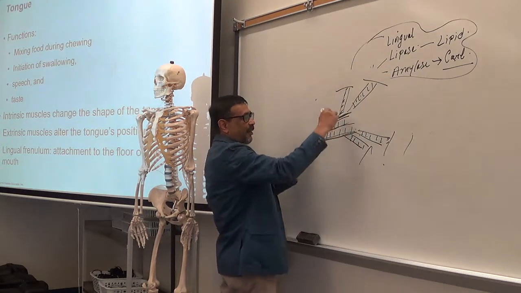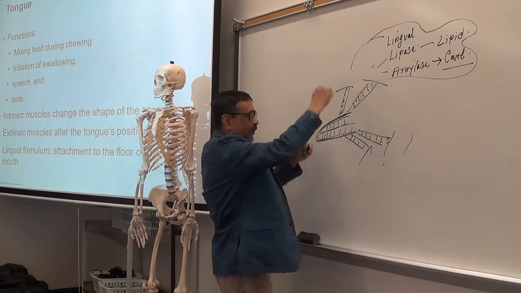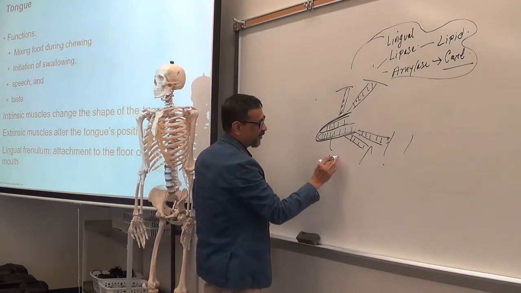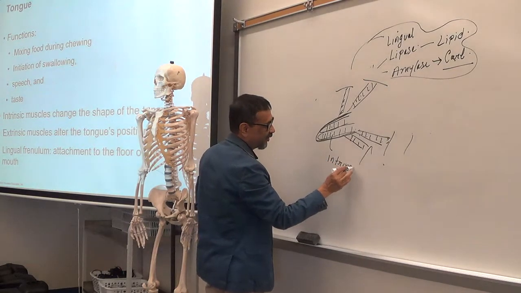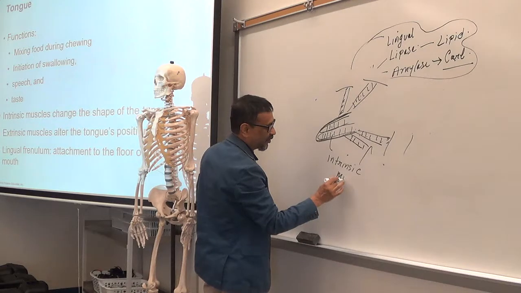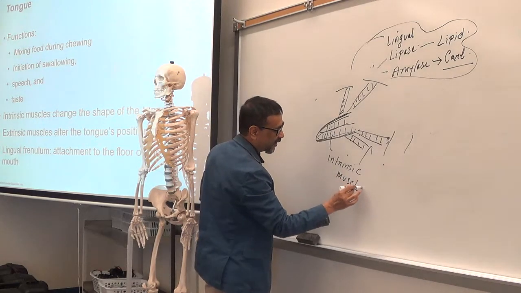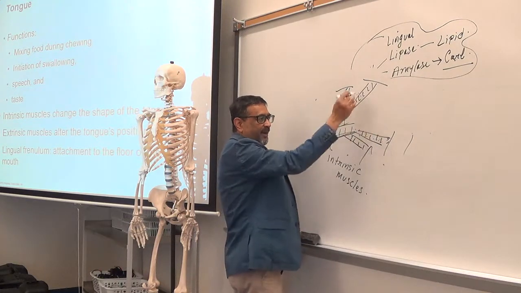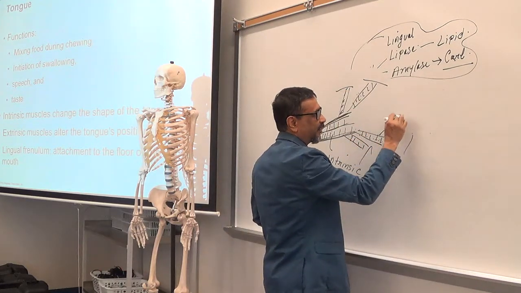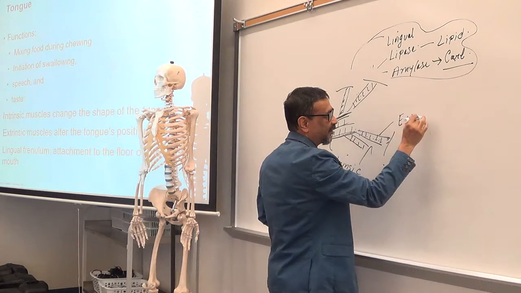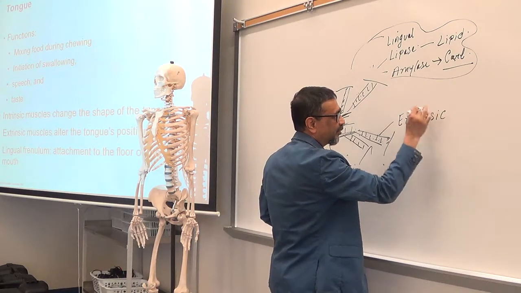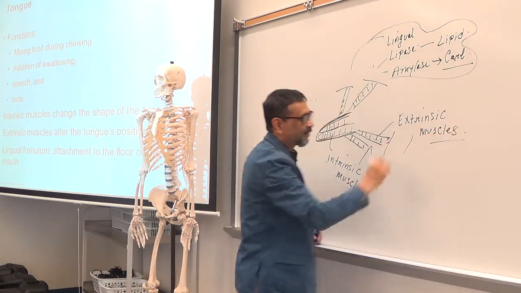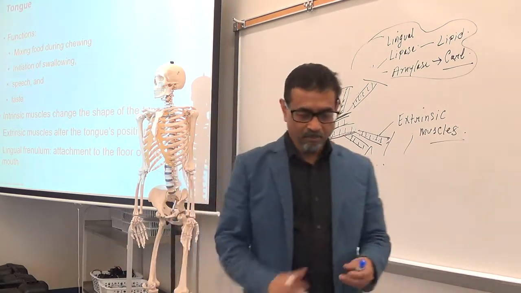So these are the intrinsic muscles. Intrinsic muscles help to change the shape, and these are the extrinsic muscles coming from the bones around. Extrinsic muscles help to move the tongue in different directions. Okay.